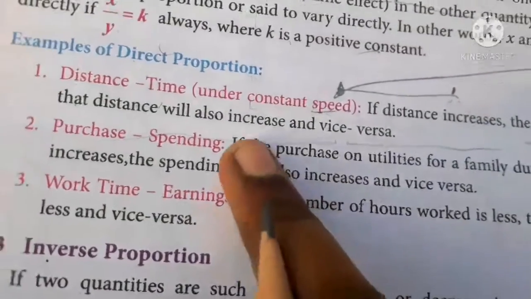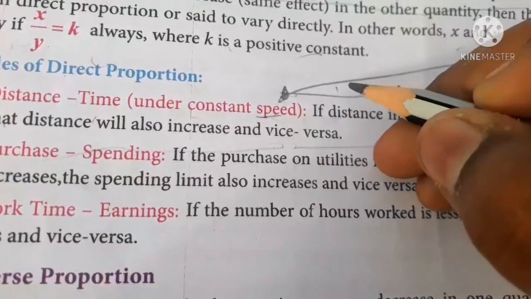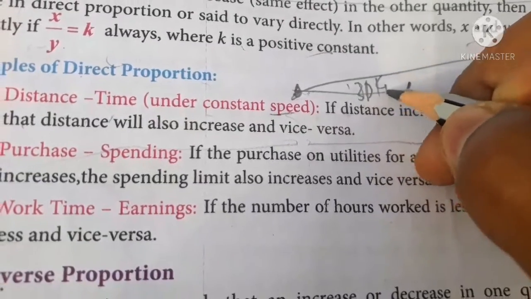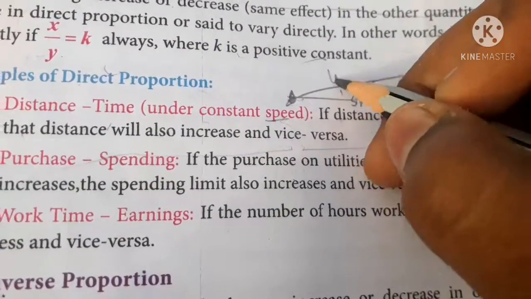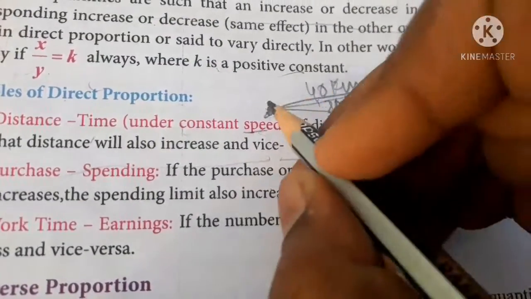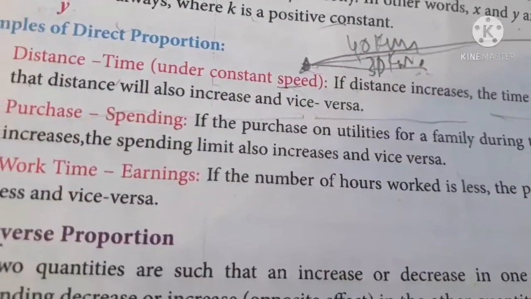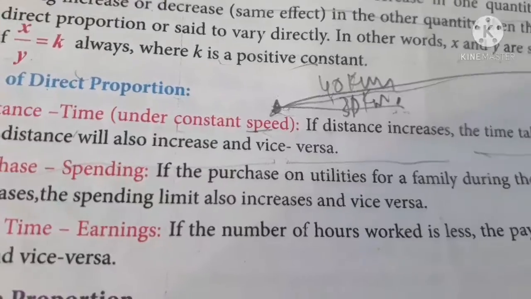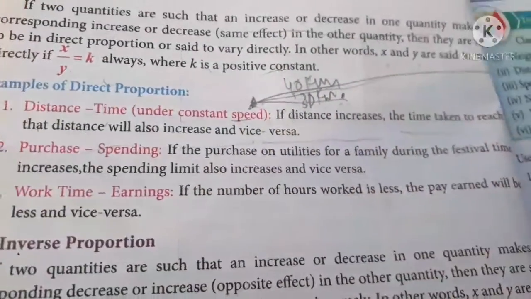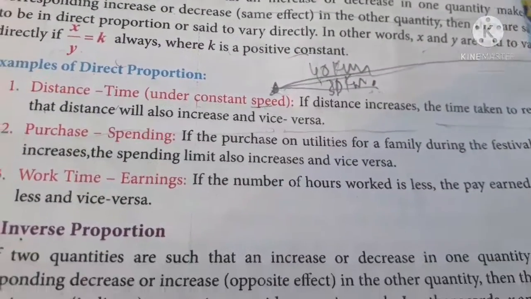We are traveling at the same speed, say 30 or 40 kilometers per hour, nearly constant. So if distance increases, time will increase. If time increases, distance also increases, okay.